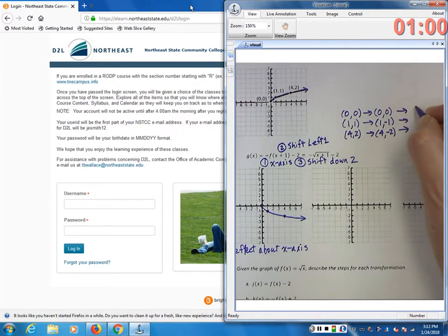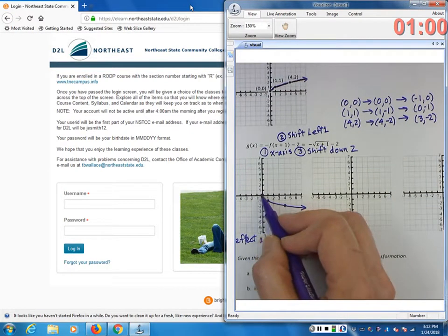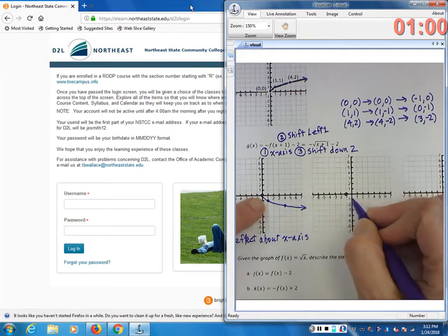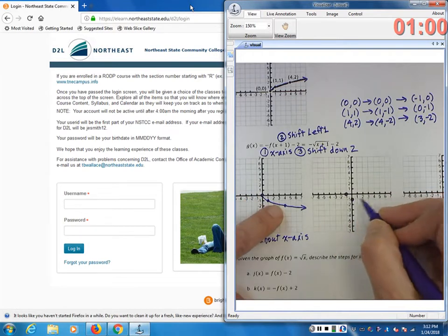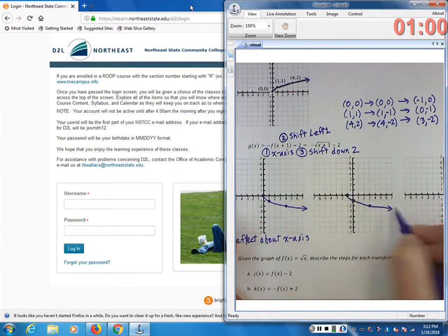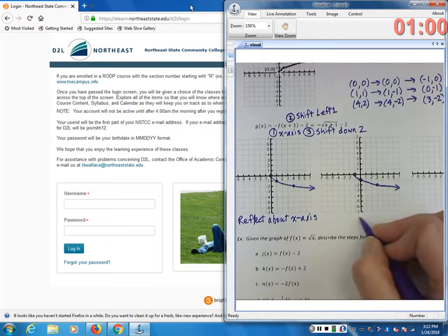So -1, 0, 0, -1, and 3, -2. Y stays the same. So we're actually shifting left 1. We should be here, and then here, and then at 3, -2. And so we shifted left 1.